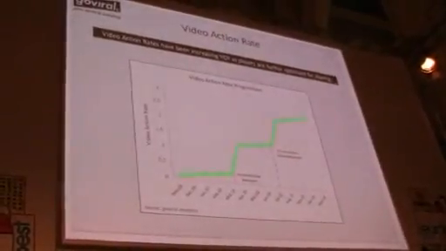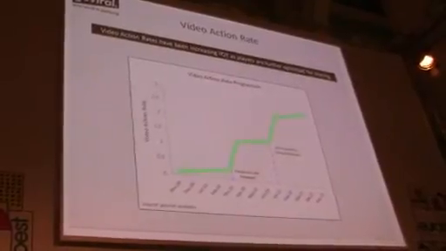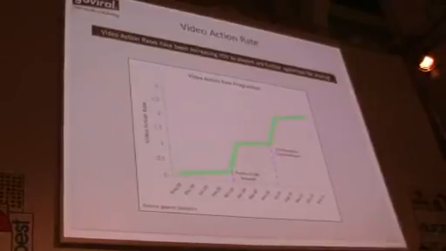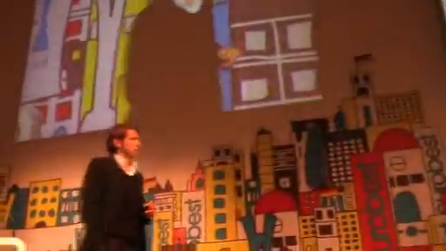An interesting thing when we talk about video action rate: before we went into this year, we didn't really consider Facebook as interesting because a lot of other things were happening on Facebook, but video was not the thing that was happening.